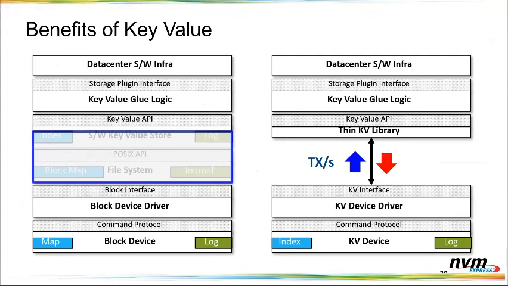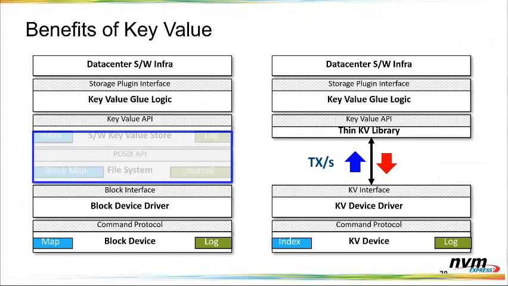So in the current logical block system on the left, once you get to a key value API that defines how the key is associated with your value or your object, you then, in a traditional block storage device, have to have a software key value store in your host, and in that you store an index and a log.